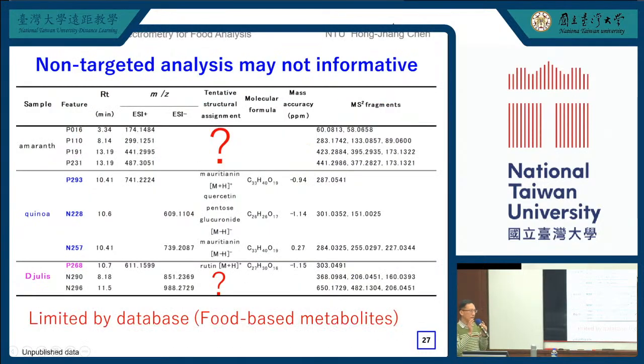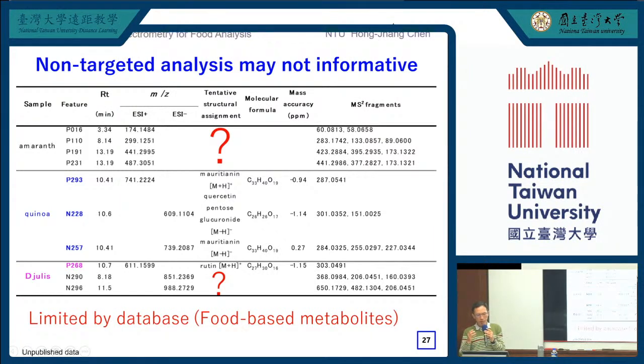That's because they are underrepresented in the database. There is less database coverage for foodborne metabolites. Of course, today many scientists are working together to build a metabolite database for food, but it's not enough.